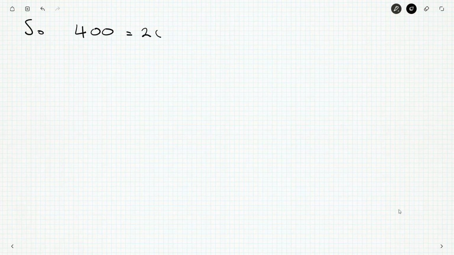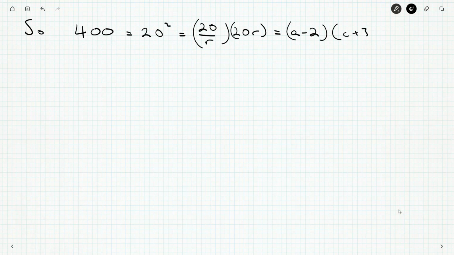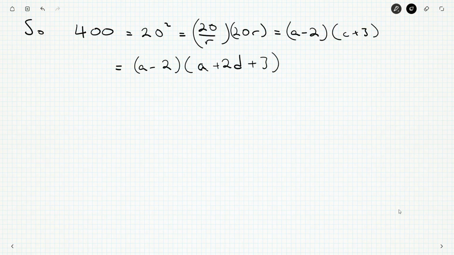So 400 is 20 over R times 20 times R, and that's A minus 2 times C plus 3, which is A minus 2 times A plus 2D plus 3.